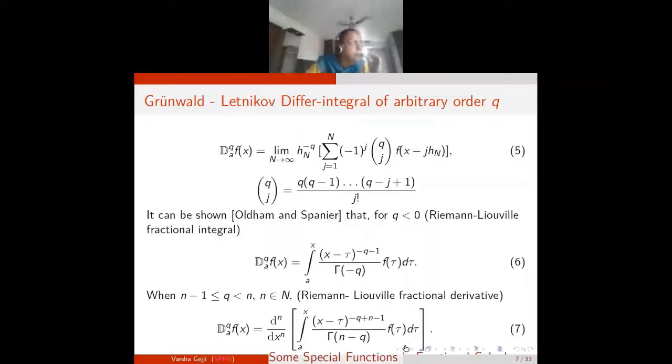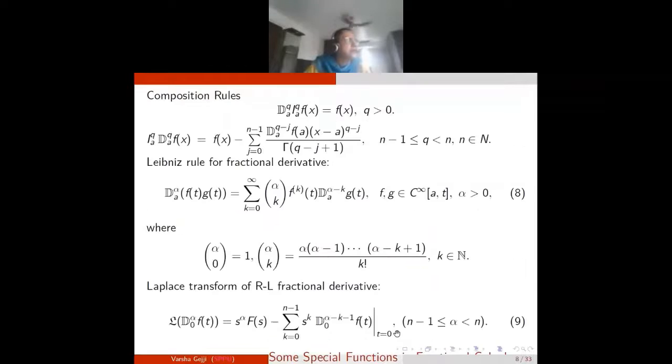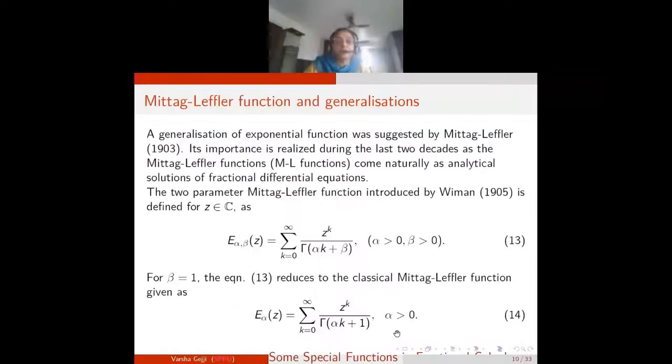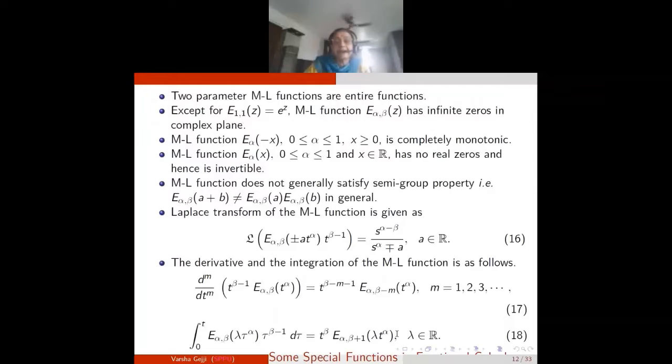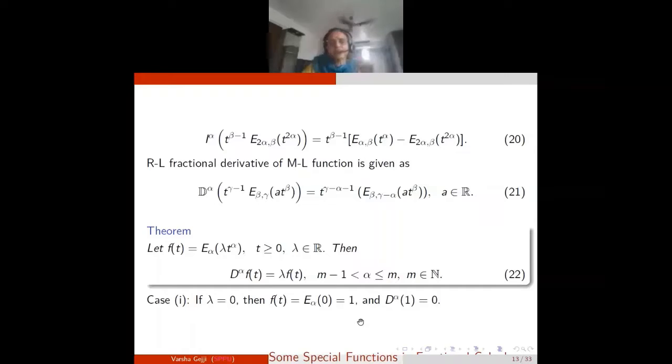You first take the nth order derivative, followed by the fractional integral. And this Caputo derivative plays an important role from the viewpoint of applications, because in that case the fractional order derivative of a constant is 0, and that is a desirable property.